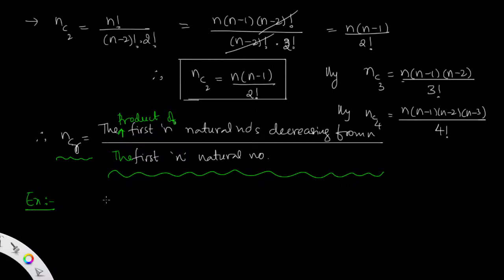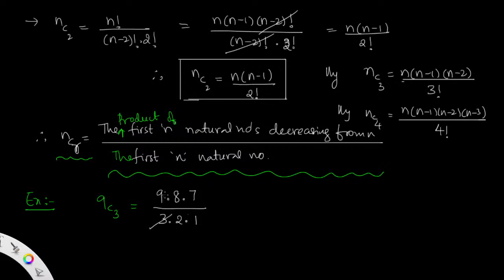Suppose we have to find the value of 9C3. What is the value of 9C3? What is the formula? The product of the first r natural numbers decreasing from n. Up to how many terms do you have to write? 9C3 means write 9 into 8 into 7, divided by 3 terms of the first natural numbers, that is 3 into 2 into 1.